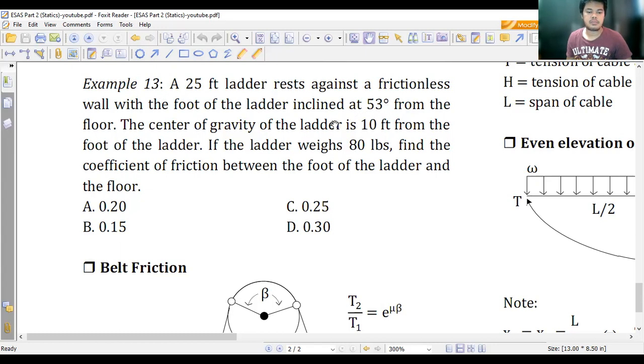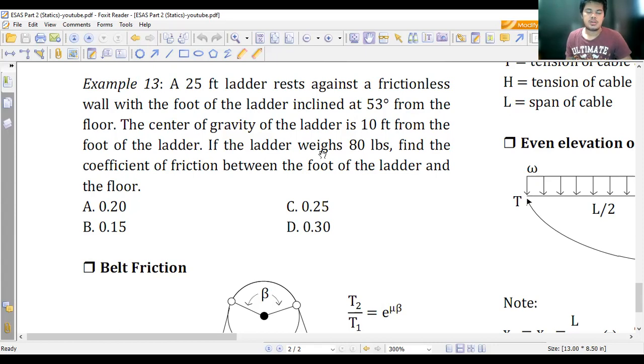The center of gravity of the ladder is 10 feet from the foot of the ladder. If the ladder weighs 80 pounds, find the coefficient of friction between the foot of the ladder and the floor.